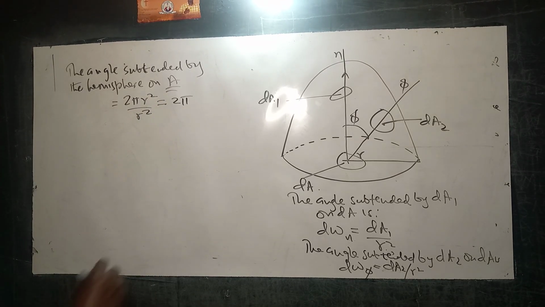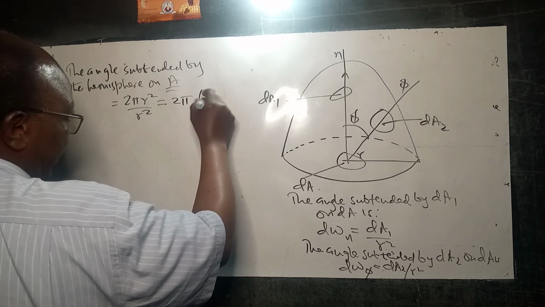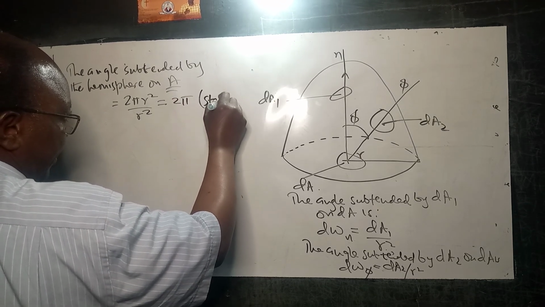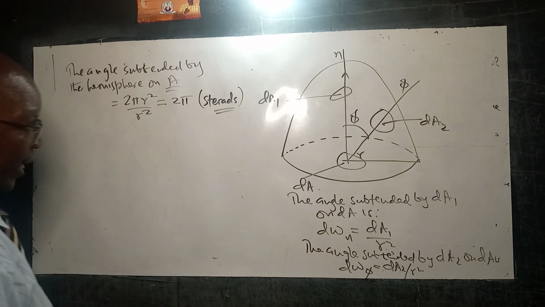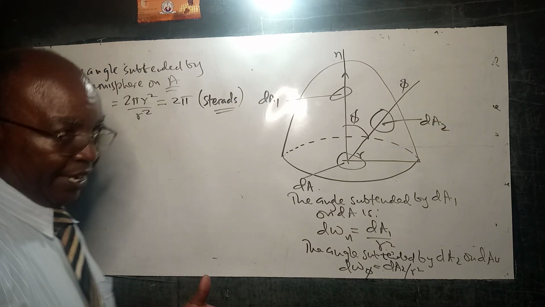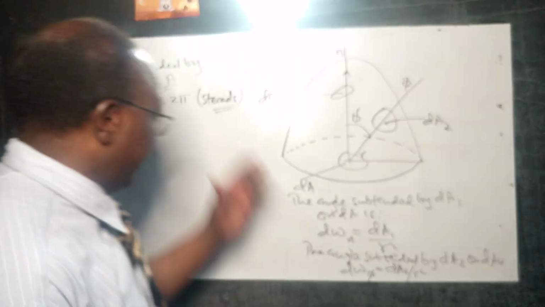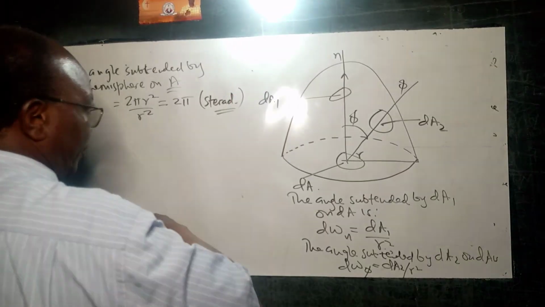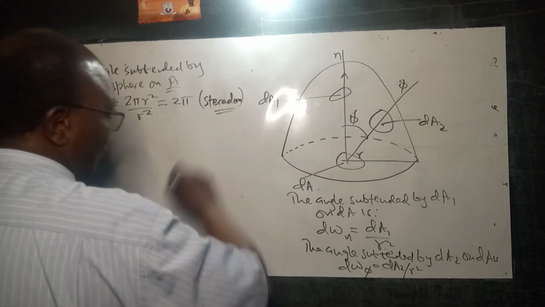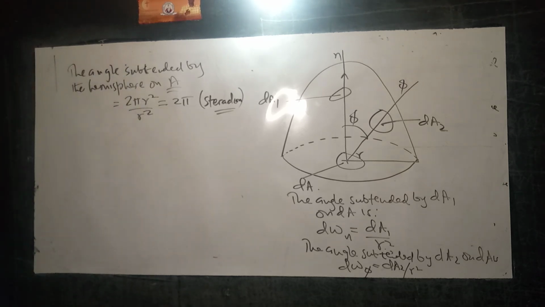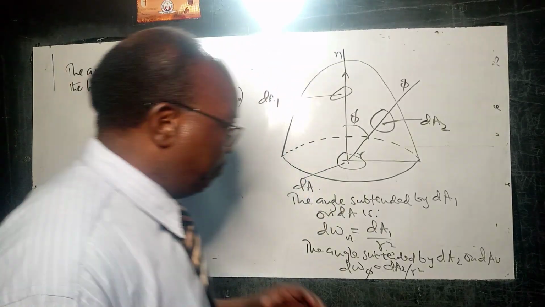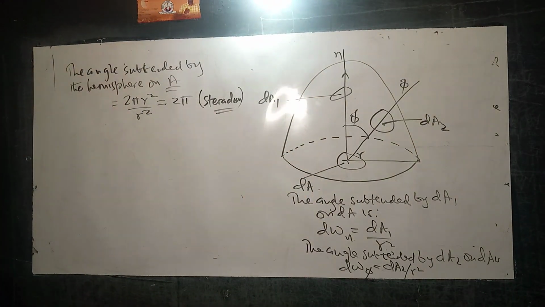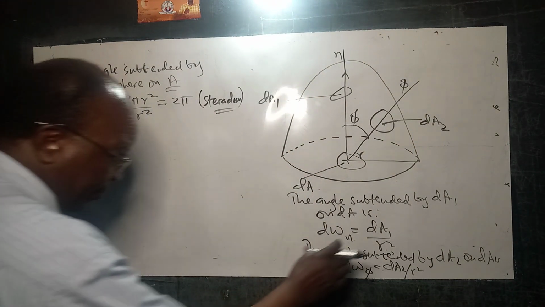We normally call it steradians. Just remembering that for a circle we talk of radians, here we just call it steradian. Now, it is important for us to take note of these quantities.